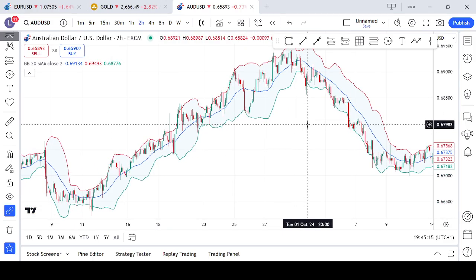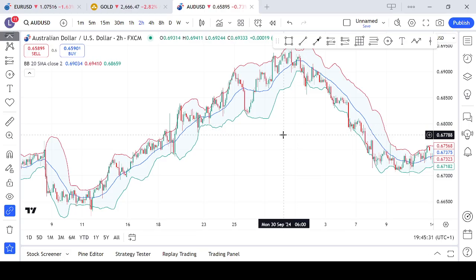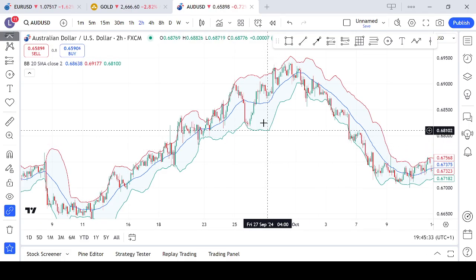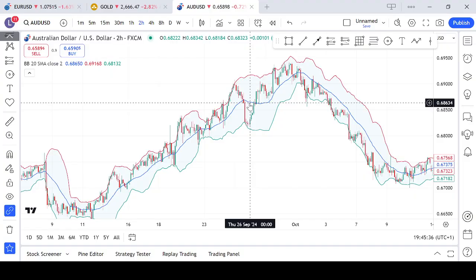So the Bollinger Bands was developed by John Bollinger in the 1980s, and it's a versatile technical indicator that provides valuable insights into market volatility and potential trend reversals. This indicator consists of three lines: a middle band, typically a 20-day moving average. You can see a 20-period moving average.